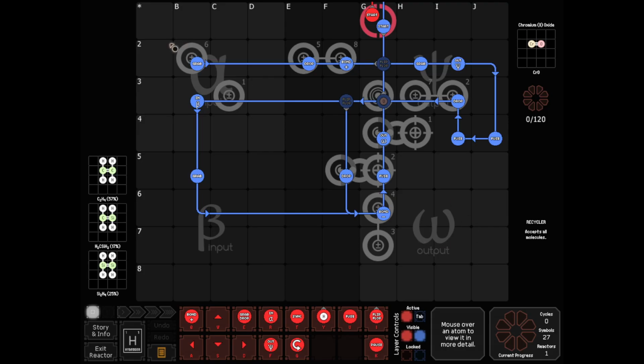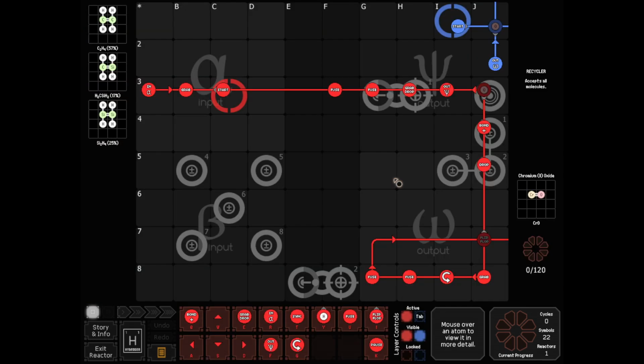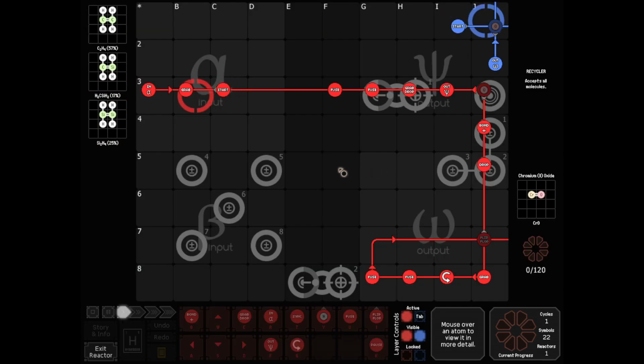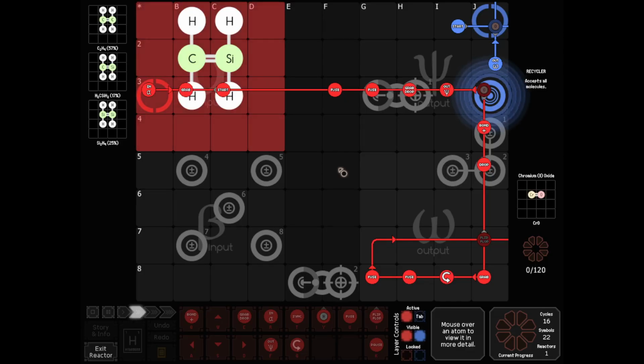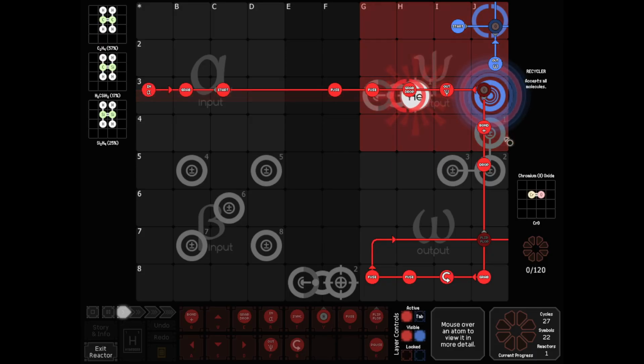Yeah, so anyway, after seeing you upload a symbol solution, I also tried making a symbol solution, but I did not make it single Waldo. I just made a general symbol solution, which is 22 symbols right here. And it creates helium.